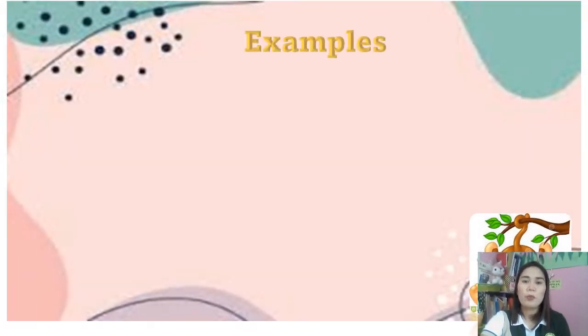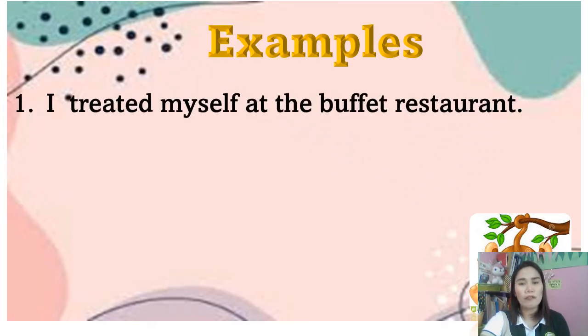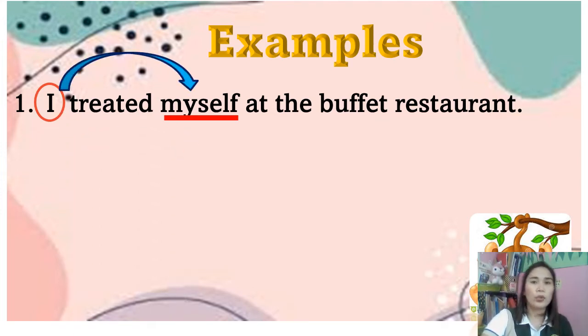Now let's have some more examples. First we have, I treated myself at the buffet restaurant. The subject here is I, and our reflexive pronoun is myself. Myself here acts as an object. Myself refers to I, which is the subject of the sentence.